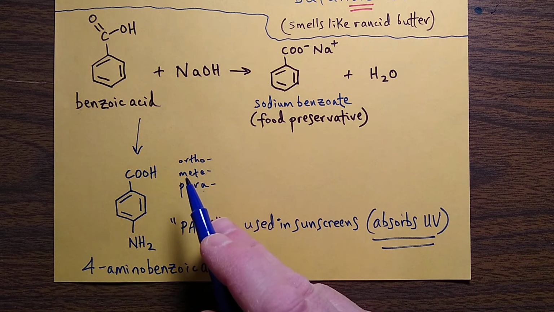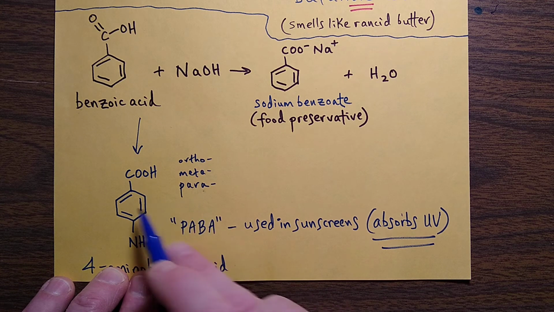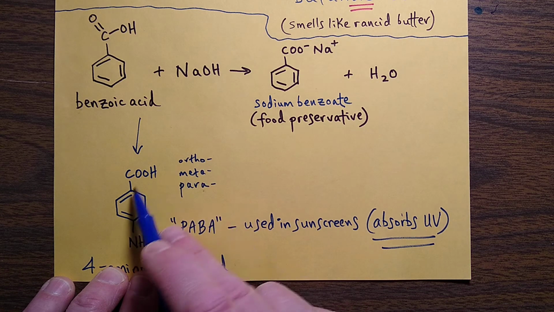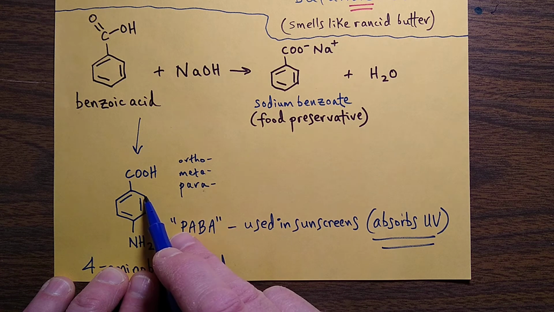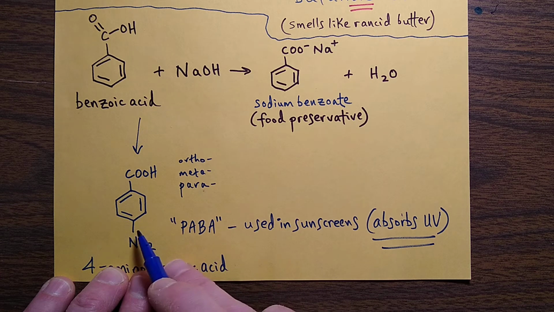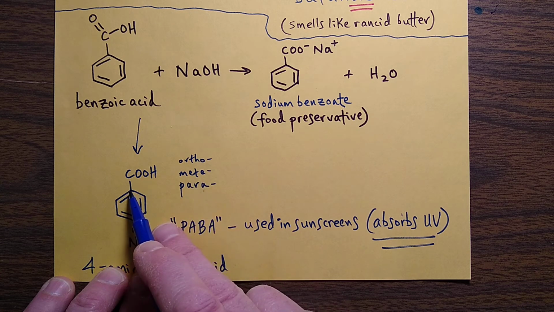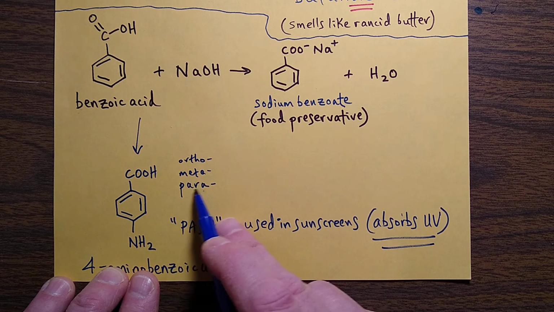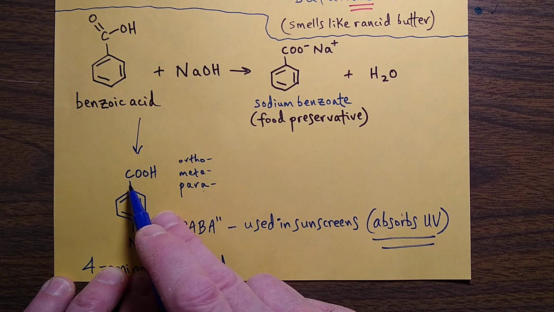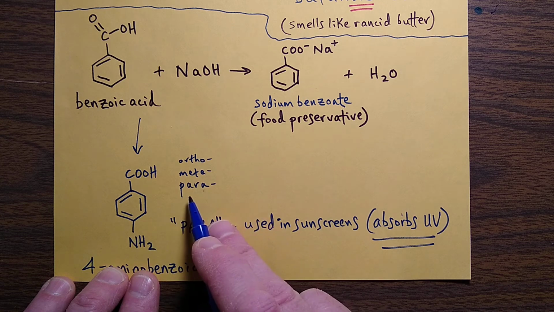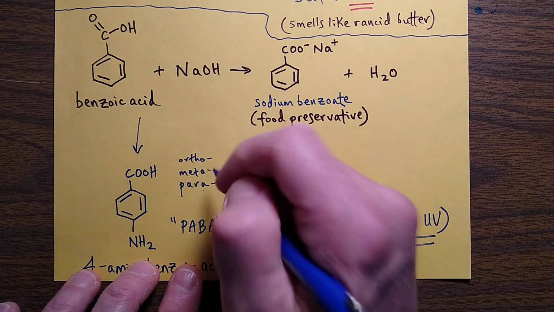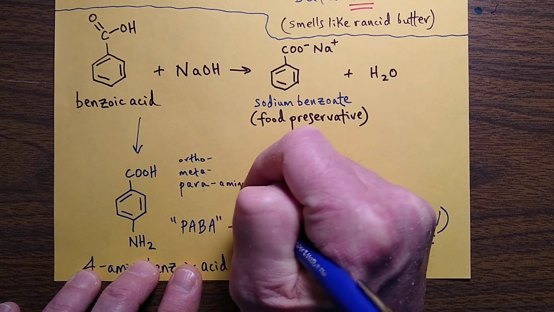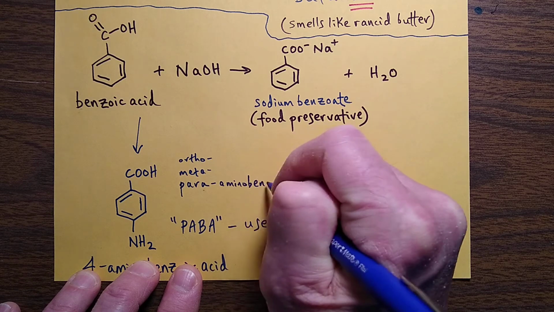Just a quick review, in case you're wondering where I'm getting this from: the ortho position to this group would be right next to it, so either here or here. The meta position to this group would be 2 carbons away, so either here or here. The para position, there's only one, it's opposite side of the ring. So another name for this compound is para-aminobenzoic acid.